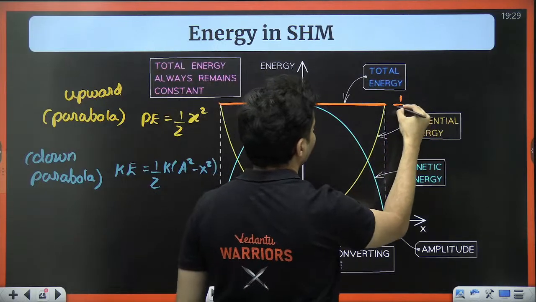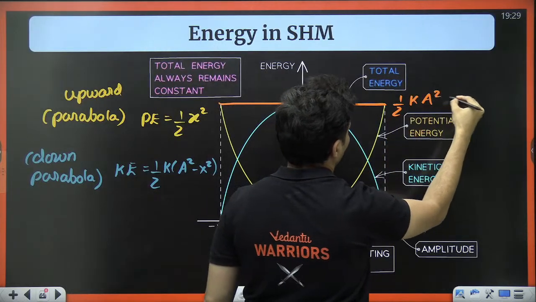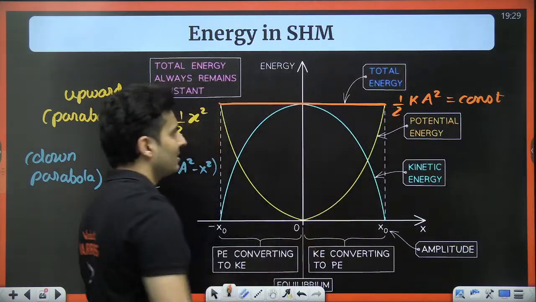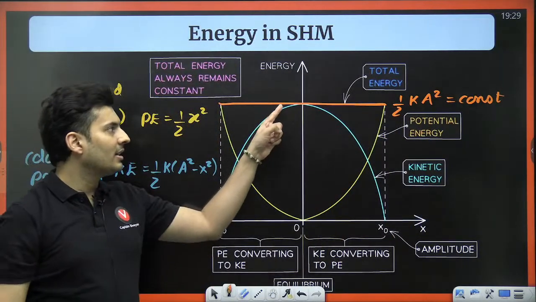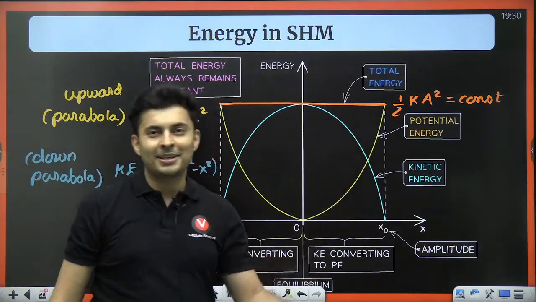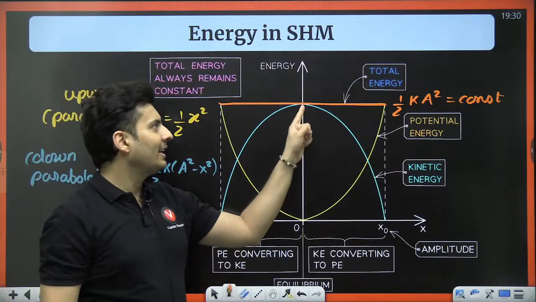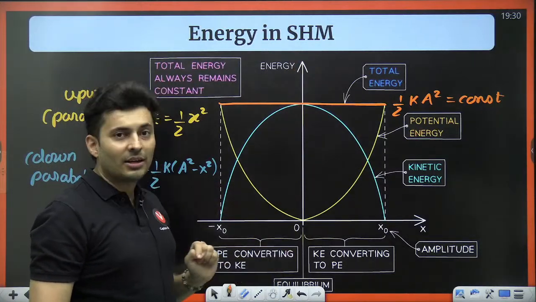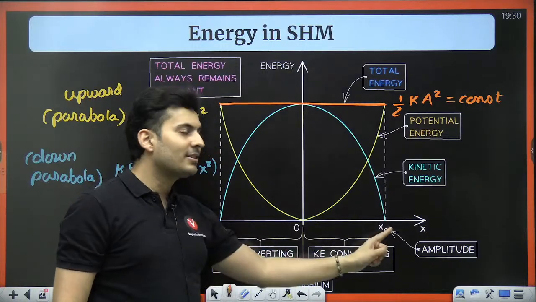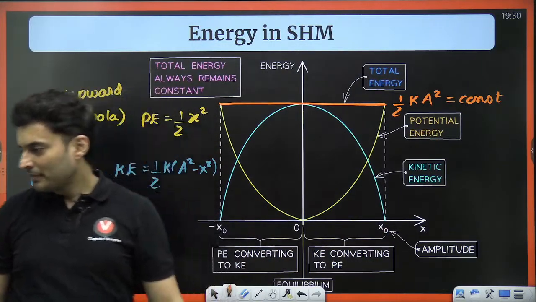This is half k a square, and you can see it is always constant. So when kinetic energy increases, potential energy decreases, and when potential energy increases, kinetic energy decreases. Kinetic is maximum at the origin or at the mean. At the extreme, potential energy is a maximum.